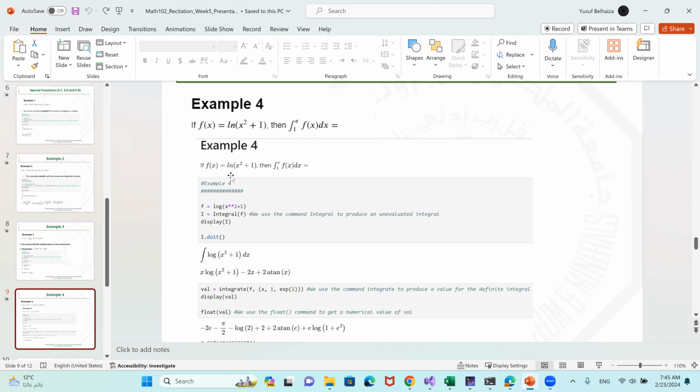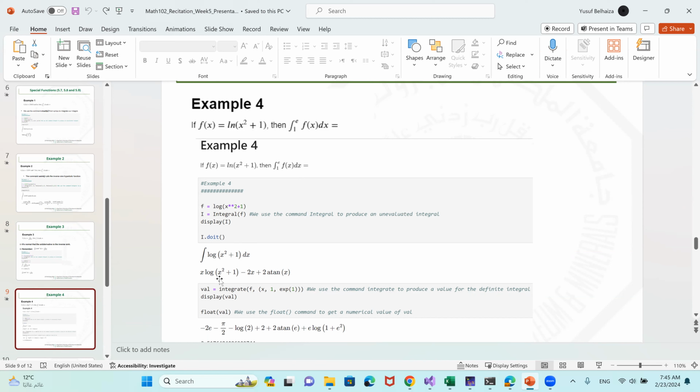So first of all, we define f as the ln of x squared plus 1, and I as the indefinite integral of f. So here we're displaying it, the integral of ln of x squared plus 1. That's the display. And when I say I doit, it just performs the integration.